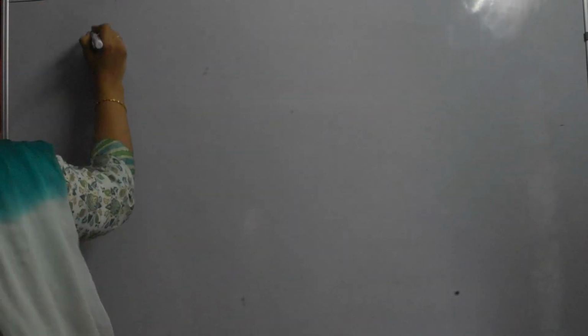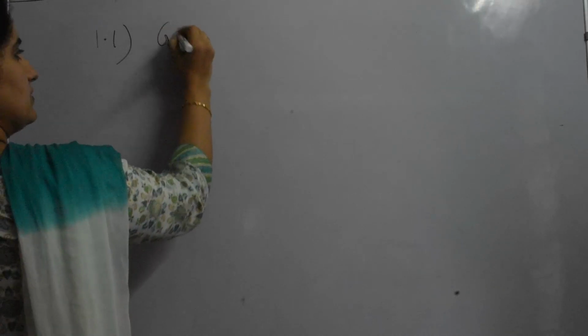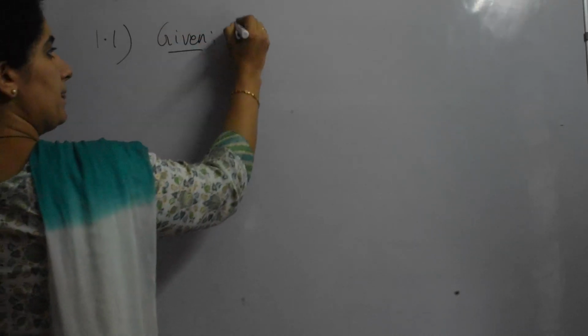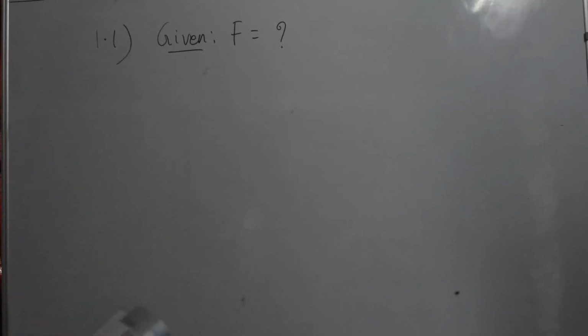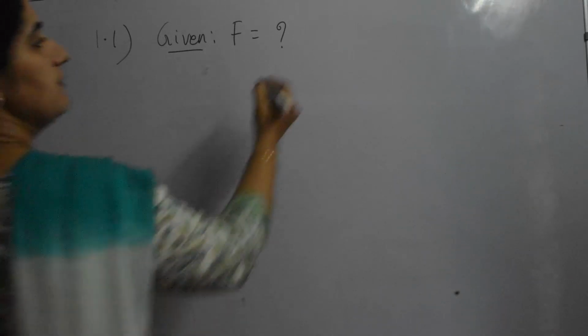Okay. So first question is exercise 1.1. What is the force between two small charged spheres having charges? So you have to calculate the force. First write down the data. Given: what you have to calculate is the force. You have two charges given there.